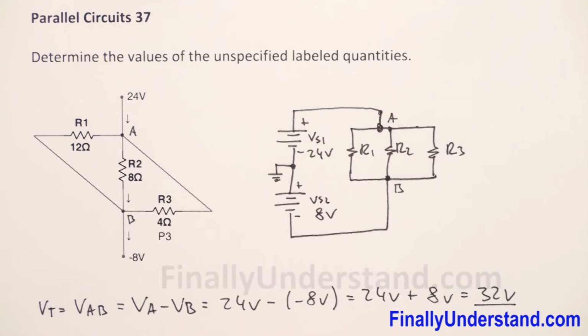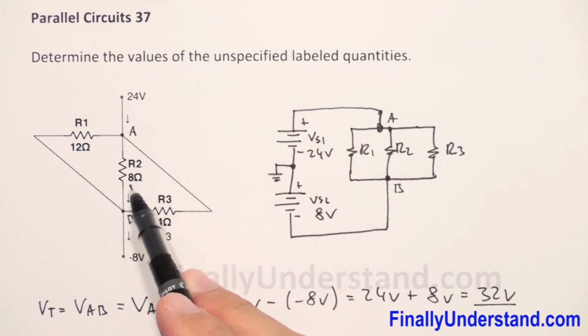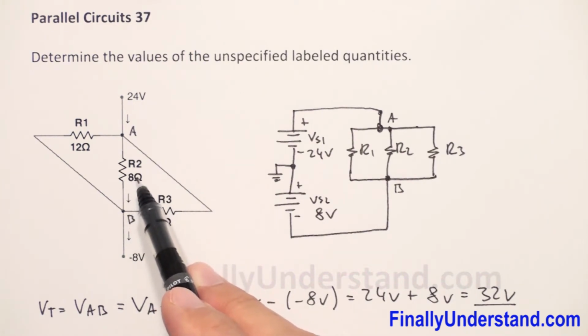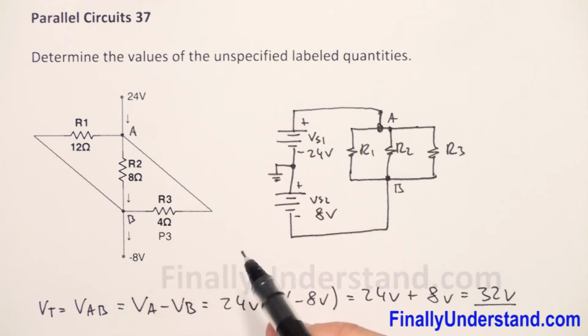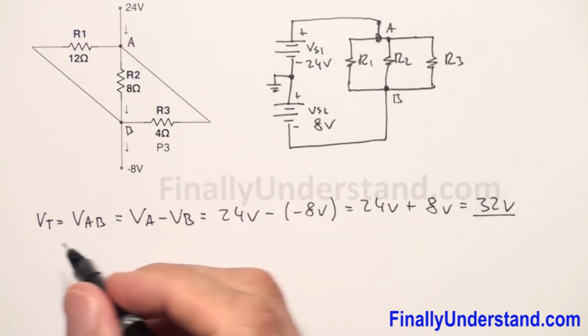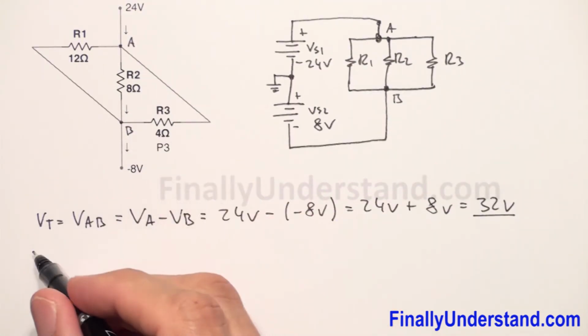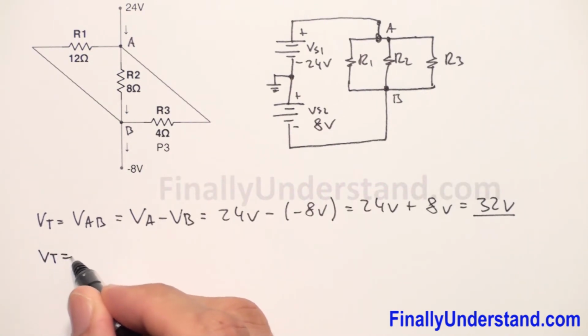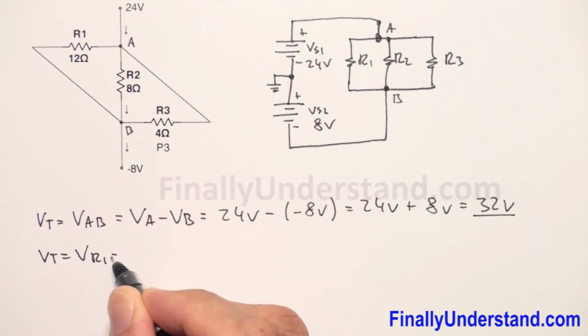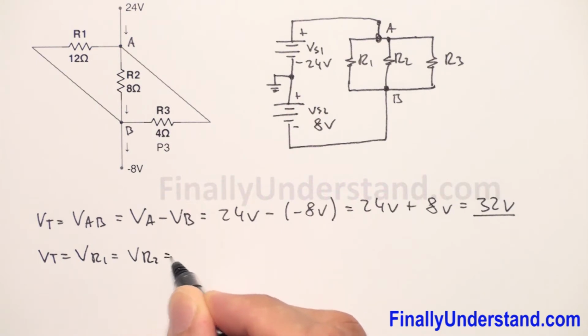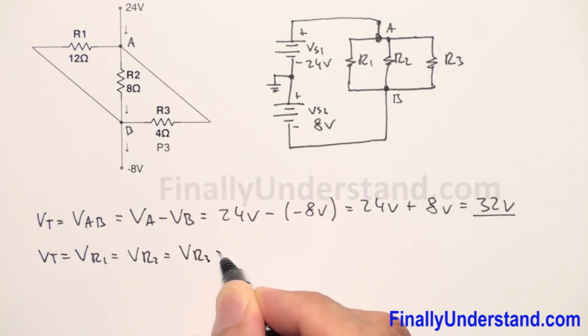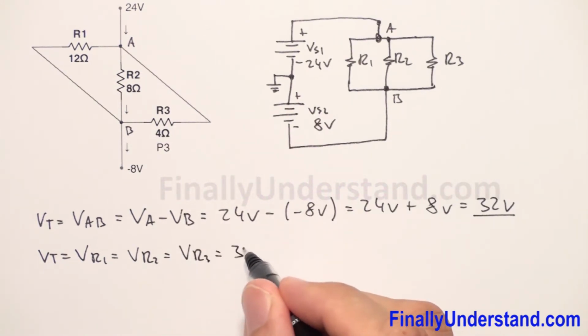Next, I'm supposed to find the current which goes through resistor R2. This is a parallel circuit, so V total is equal to V R1, this is also V R2, this is also V R3, and this is equal to 32 volts.